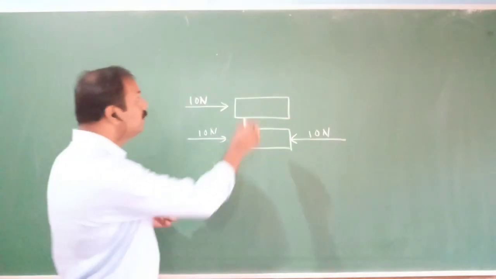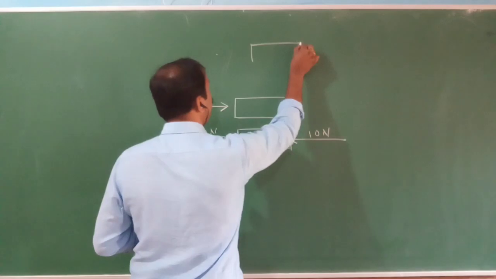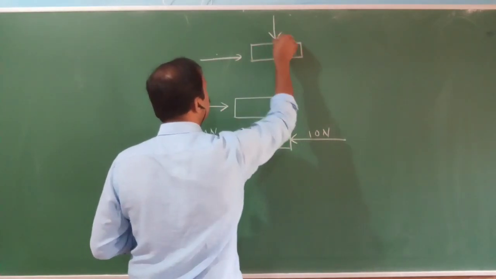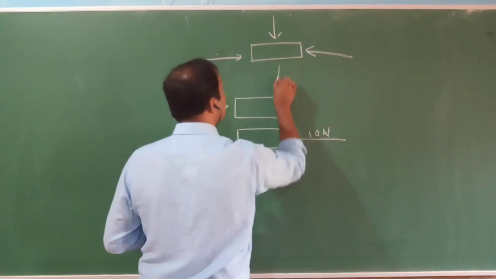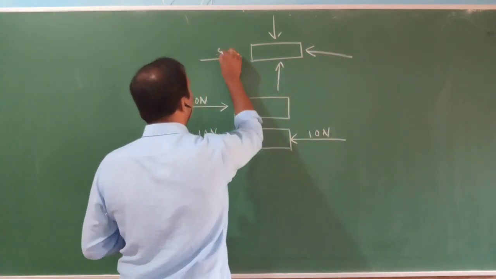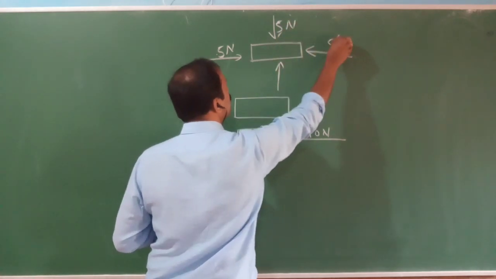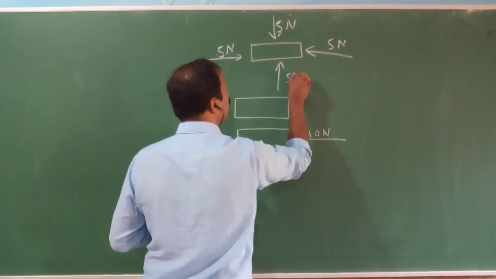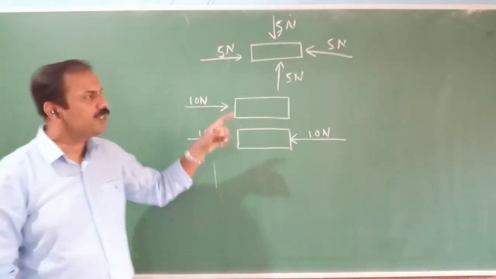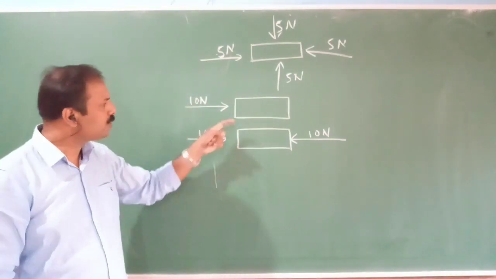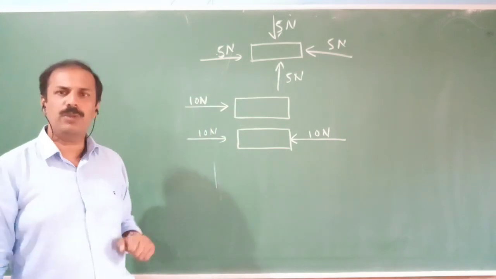Now see another situation. We have an object like this, with the same force on all four sides. For example, 5 Newton here, 5 Newton here, and here also 5 Newton. Every side has 5 Newton. From the picture itself we can say this will not move. The first one will move. This will not move.